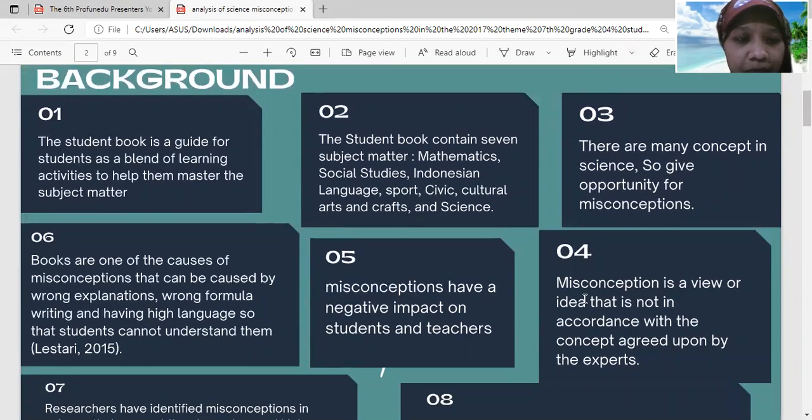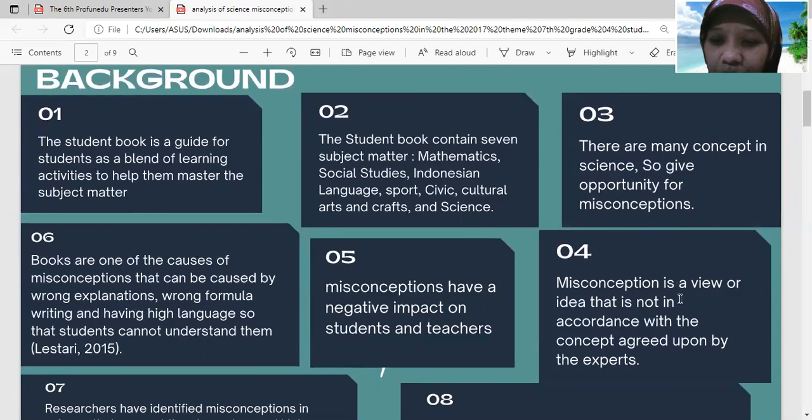The research background. The student book is a guide for students as a blend of learning activities to help them master the subject matter. The student book contains 7 subject matters: mathematics, social studies, Indonesian language, sports, civic, cultural art and craft, and science. There are many concepts in science, which gives opportunity for misconception.